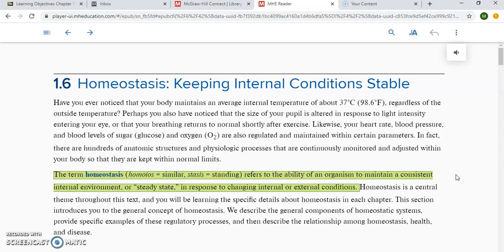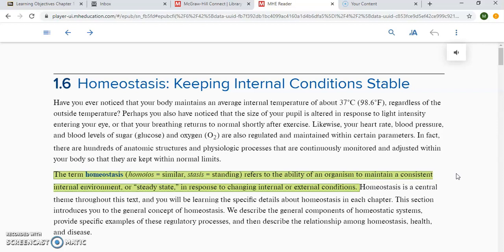So that's the definition of homeostasis, and I also explained the purpose, which is to maintain a healthy environment for our cells so they can function properly and complete the processes that ensure our survival.